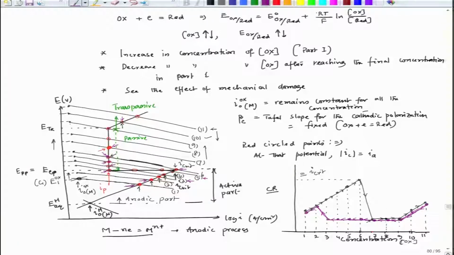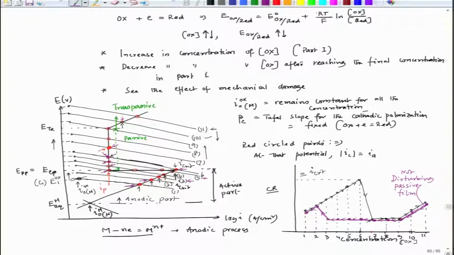It will follow this track, then move like this and then go down. So in this case, I am not disturbing the surface, not disturbing the passive film.